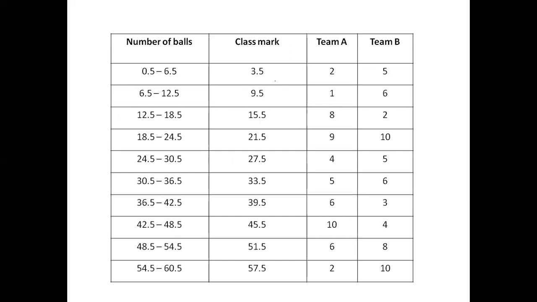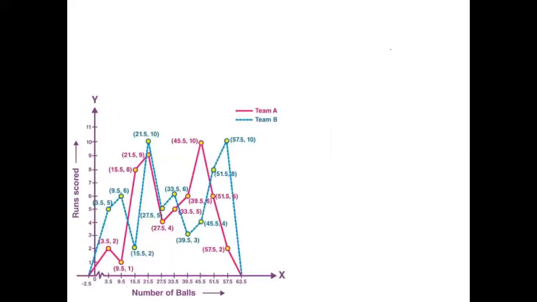So I have class marks 3.5, 9.5, 15.5, 21.5, 27.5, 33.5, 39.5, 45.5, 51.5 and 57.5. So we will construct the frequency polygon using this data for team A and team B.